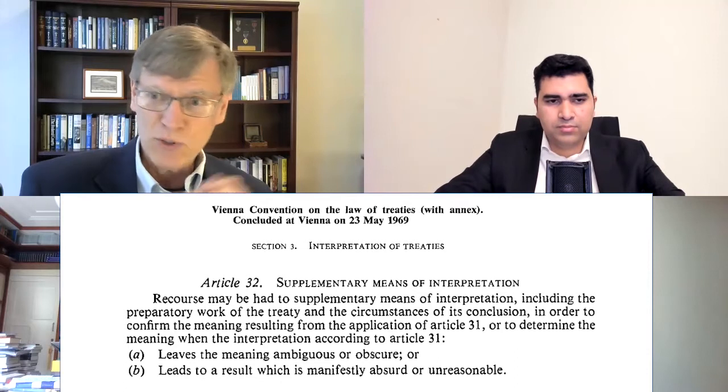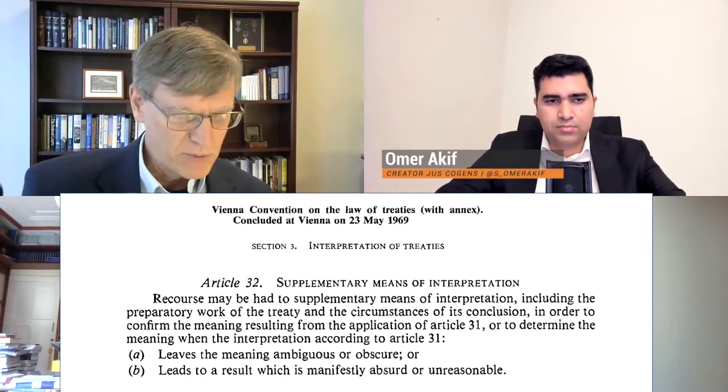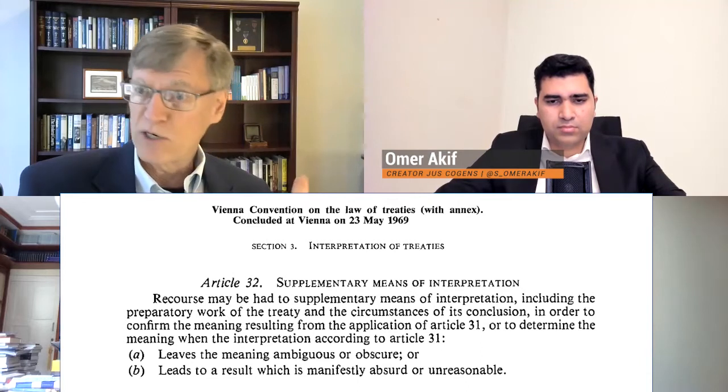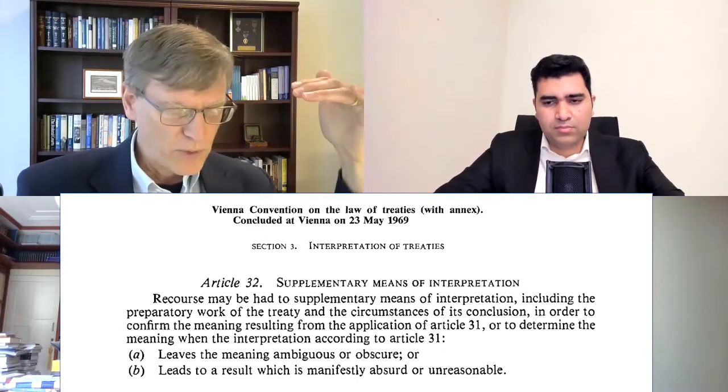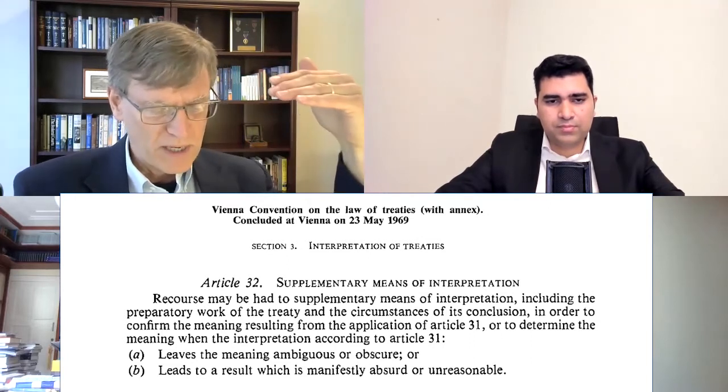The language says you can have recourse to these supplementary means of interpretation in order to confirm the meaning of Article 31 or to determine the meaning where an Article 31 analysis leaves things ambiguous, obscure, or leads to a result that's absurd or unreasonable. So just looking at the text of Articles 31 and 32, it seems you're not supposed to go to Article 32 unless there was some problem with your Article 31 analysis, or you're just trying to confirm it, then you go to this.